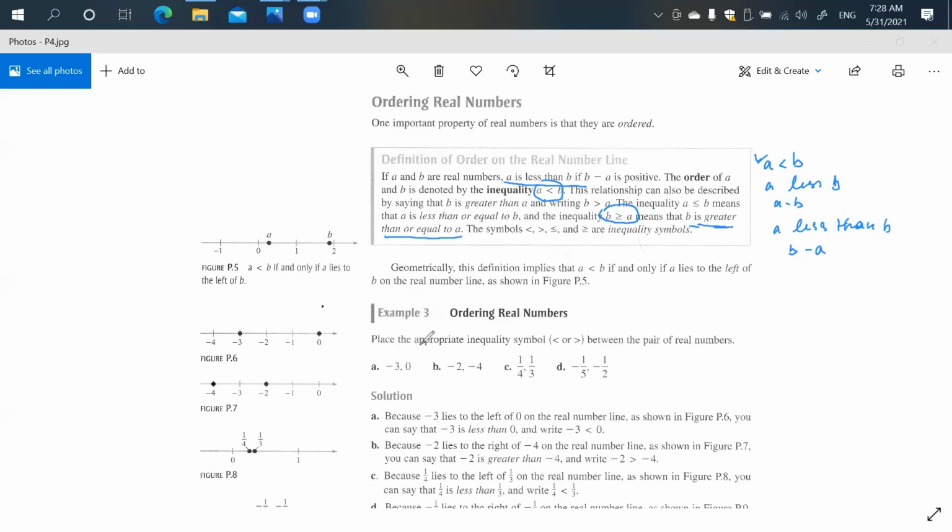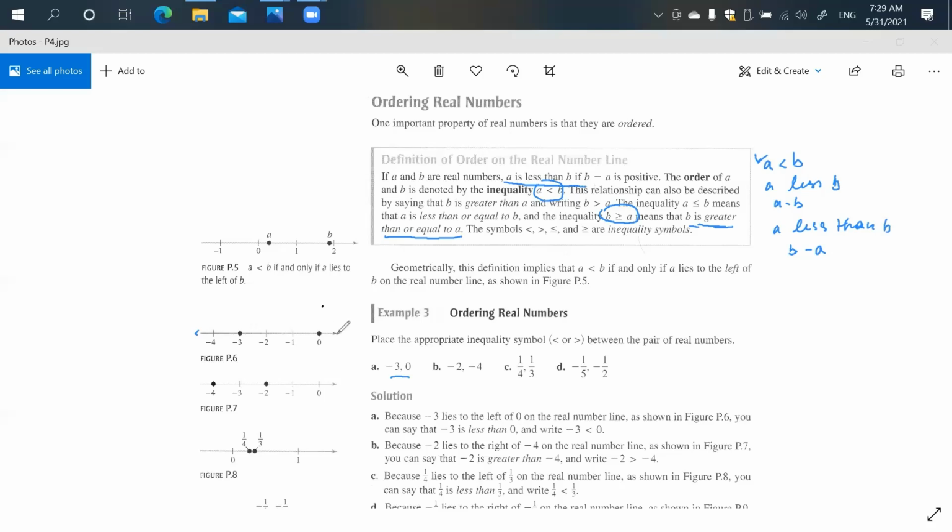Now see the example. Place the appropriate inequality symbol, less than or greater than, between the pairs of real numbers. Of course everyone knows this one. If we draw on the number line, any number on the right hand side is greater than the number on the left hand side.